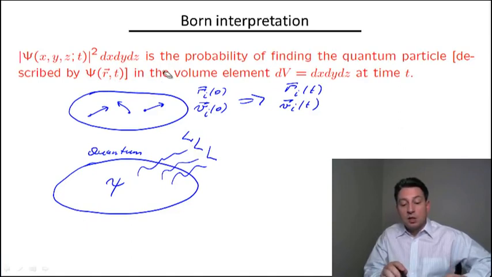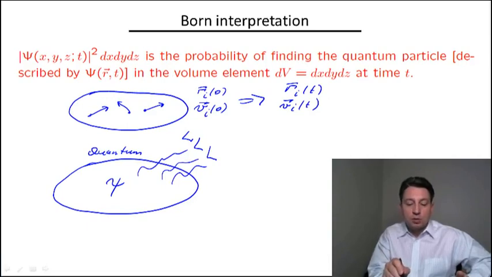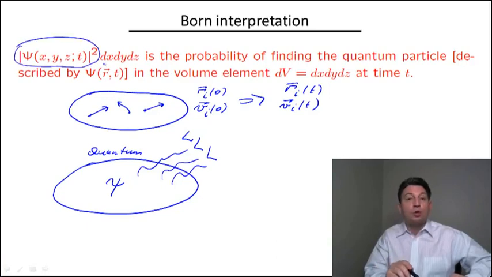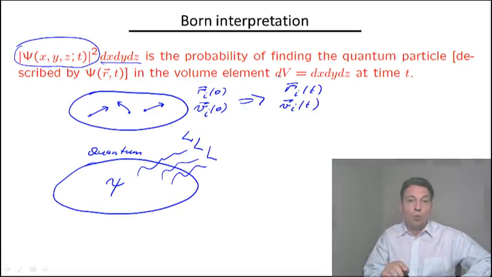Basically he proposed, and afterwards it was confirmed, again by comparing with experimental data, that the absolute value of the wave function squared, evaluated at a certain position in space and at a certain moment of time, gives the probability density of finding a quantum particle described by this wave function at this position and at this moment of time t. Well, the probability itself is going to be the absolute value of psi squared times the elementary volume in the vicinity of a certain point.